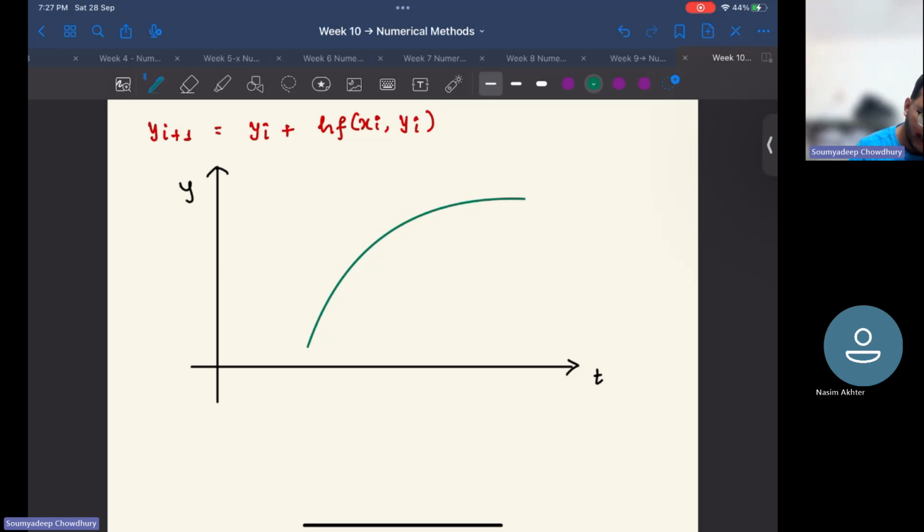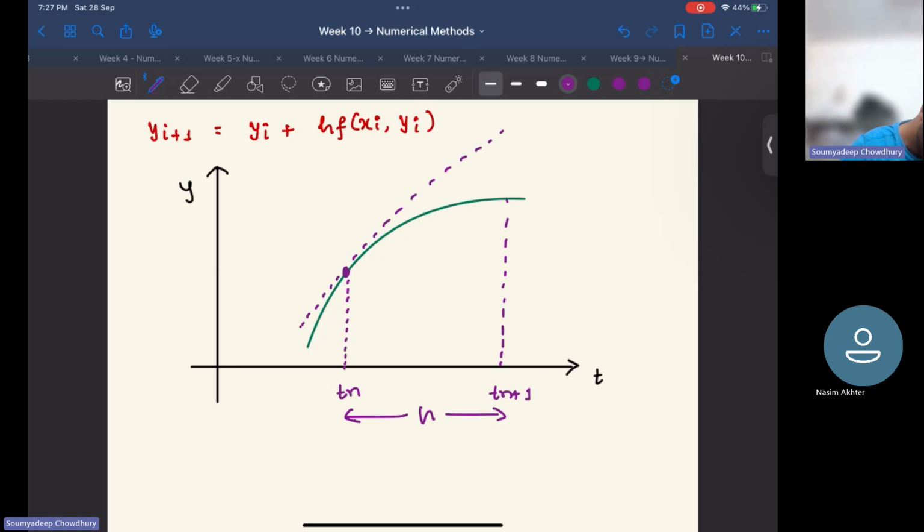And we are given the slope of that function. Suppose this is your Tn and this is your Tn plus 1, and the gap between these discretized points is the step size h. So we'll try to see what the slope is here, right? This is the tangent to the curve at this particular point.